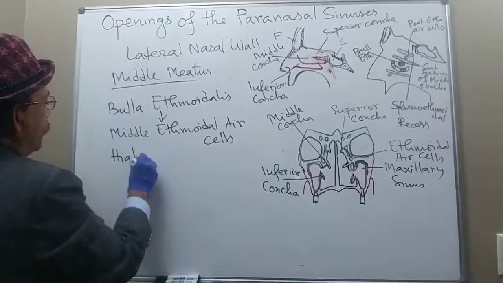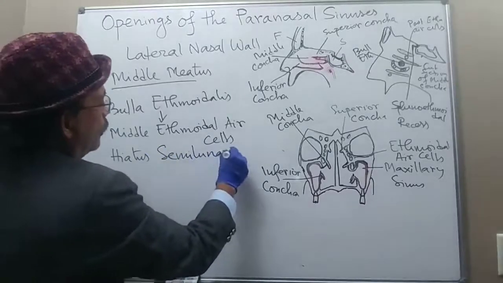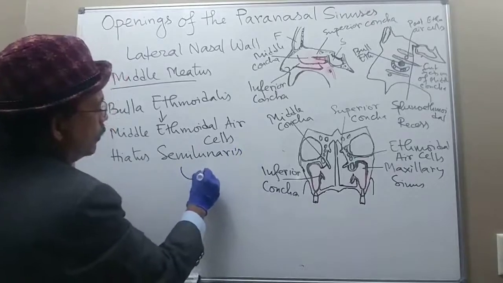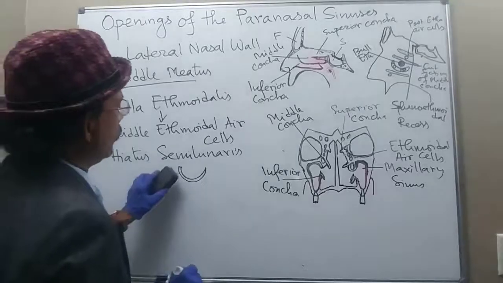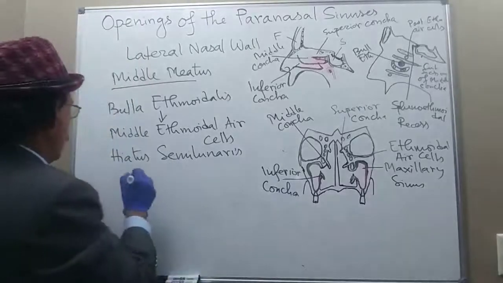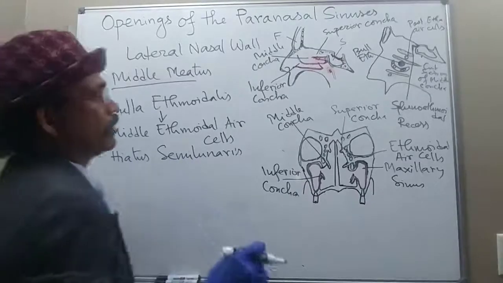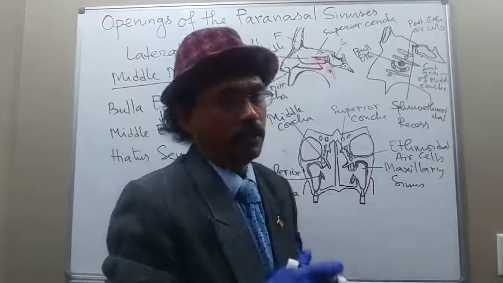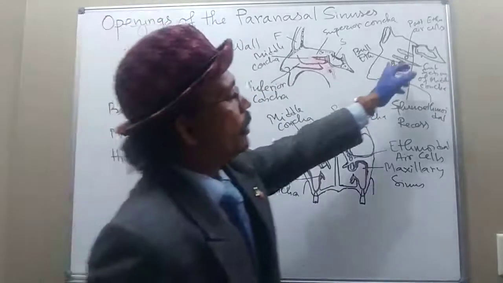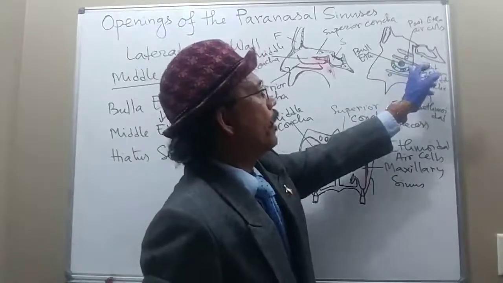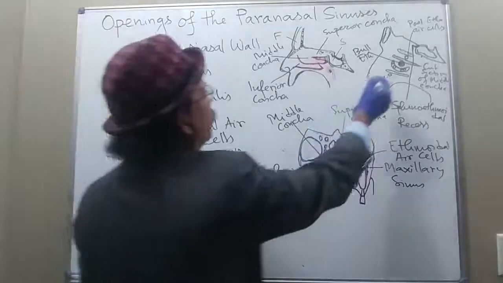Hiatus Semilunaris. It is just like a semilune, like a half moon, and this is a semilunar bony depression on the lateral nasal wall here, and that is called Hiatus Semilunaris.